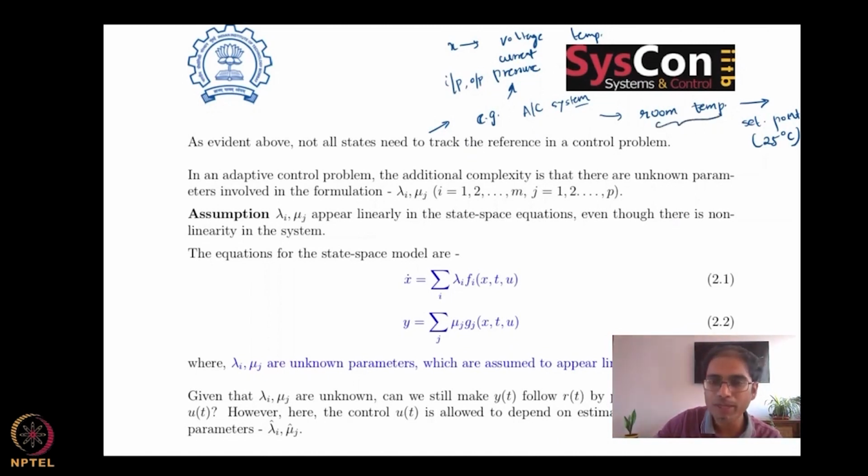When we say room temperature, you can imagine that the air conditioner in my home is not measuring the temperature at every point in the room or anything fancy like that. All it does is it has a sort of thermostat at the exit of the air conditioner, and it simply uses that to measure what my output temperature from the AC is. It is not really measuring the room temperature, in the basic air conditioning systems.